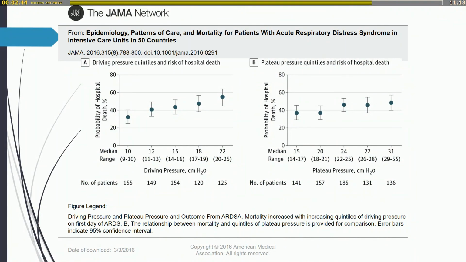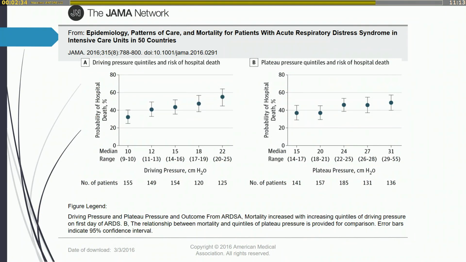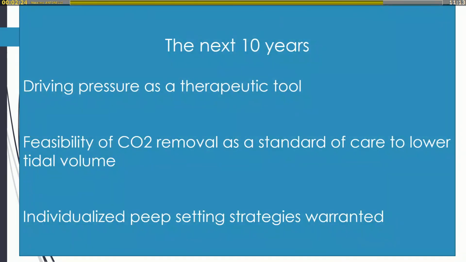And this corresponded also to a mortality rate that is quite high regardless of the severity category. And the mortality rate in this study has been shown to be proportional to the level of the driving pressure and plateau pressure that has been applied.